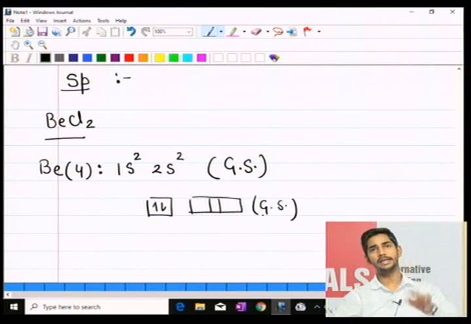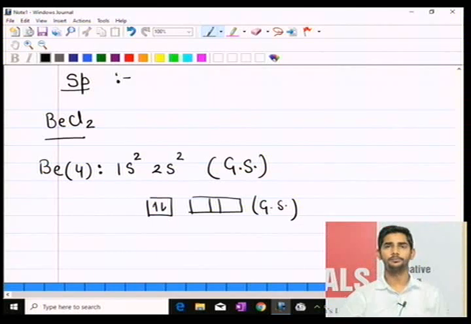Can anyone please tell me, in beryllium, what is the valence orbital?